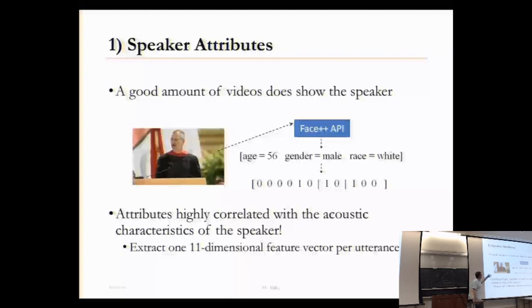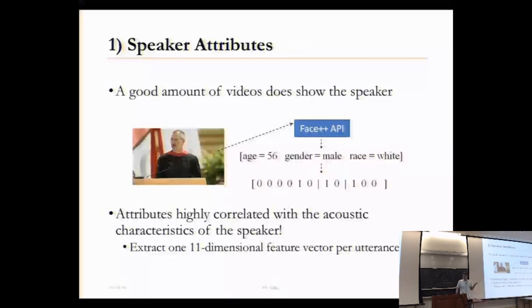There is this Face++ API. For every utterance in our database, we extract a single frame, a single image from it, and feed it into Face++, and we get a feature vector that says this is the estimated age, gender and race of the person, and use it.